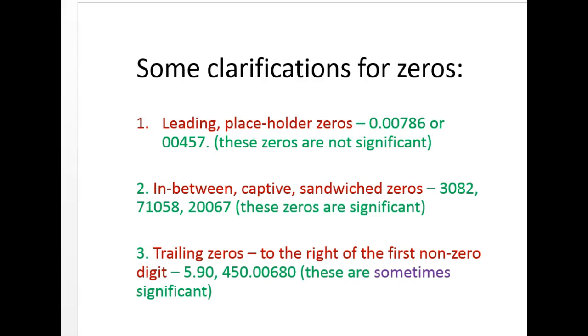And then you have the trailing zeros. Those are the zeros that go to the right of the first non-zero number, and sometimes they're significant, other times they're not significant. Actually, in some cases they could come to the left also, but we'll talk about that.